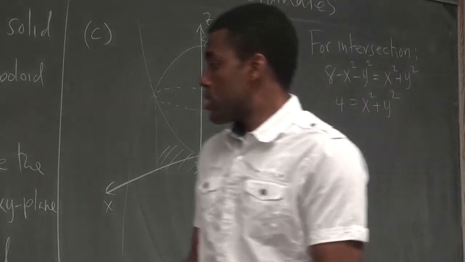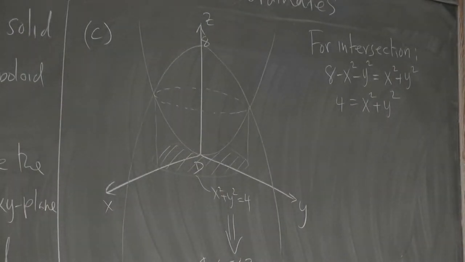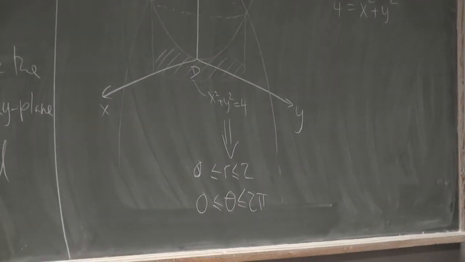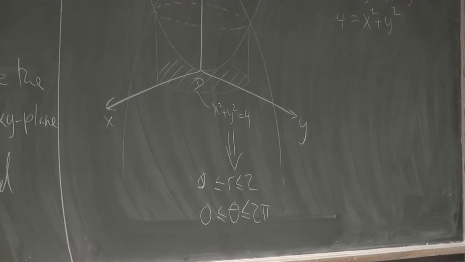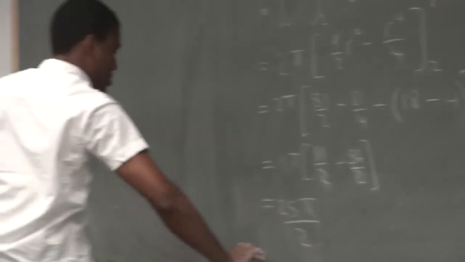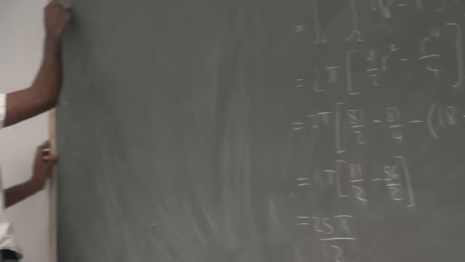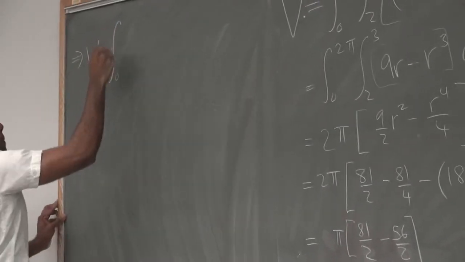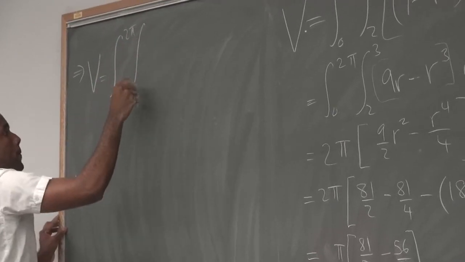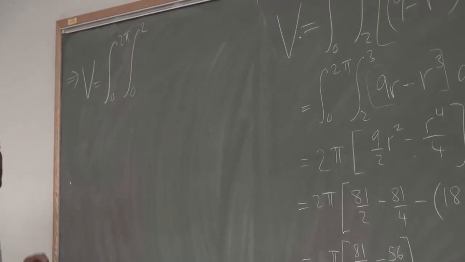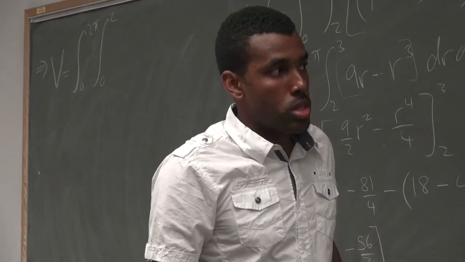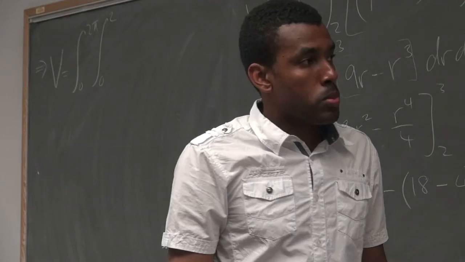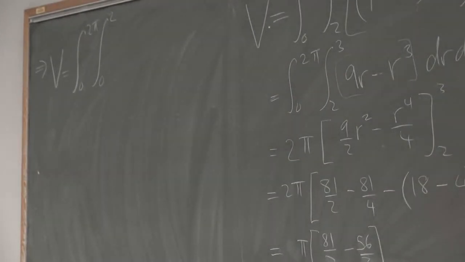And so what would the volume look like? Would we want to do this top to bottom or bottom to top? It's a volume. It's always top minus bottom. Does it go 0 is less than r or theta is less than r? No, this is 0.